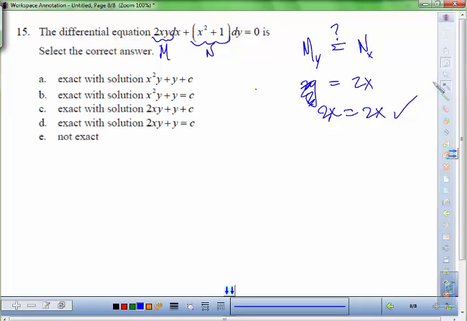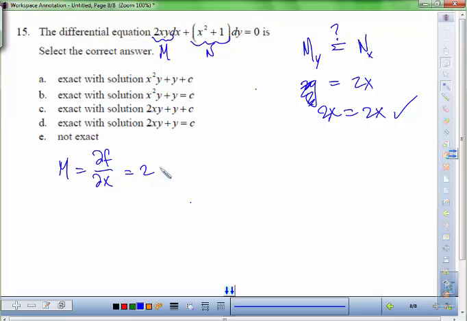How do you solve for exact equations again? Use some integrals. Okay, so M, we have to pretend that M came from a function where you had taken the derivative of that original function with respect to x.